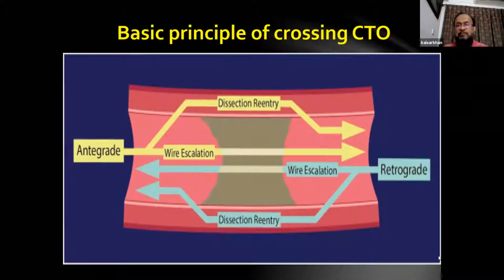If you keep this small picture in your mind, CTO becomes easy for you. You have to connect the antegrade and retrograde lumen, either antegradely or retrogradely, either by the wire escalation method or the dissection and re-entry method. If you understand this basic picture, your understanding of CTO will be very easy. Keep this in your thoughts.